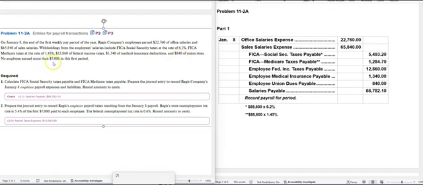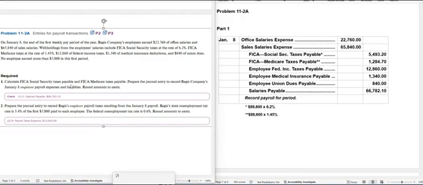No employee has earned more than $7,000 in this first period, and that's important to know for purposes of calculating unemployment taxes. We also need to pay attention to the fact that this is the first pay period of the year, so none of the employees have reached any of the wage limits with respect to paying Social Security tax.